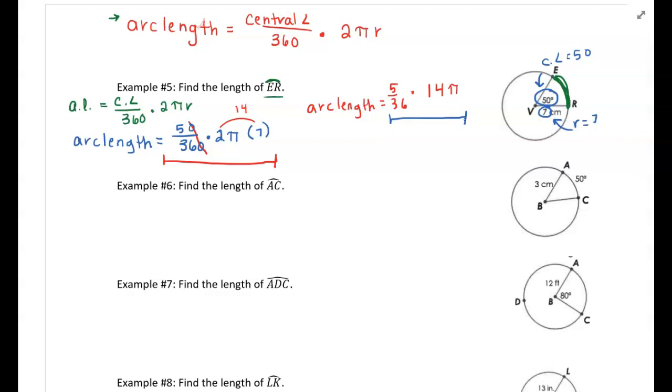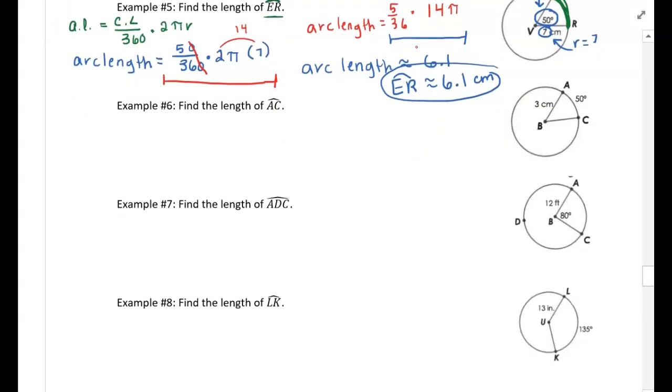When I do that, I get roughly arc length is roughly 6.1, and that means that arc ER is about 6.1 centimeters. And there's your answer.